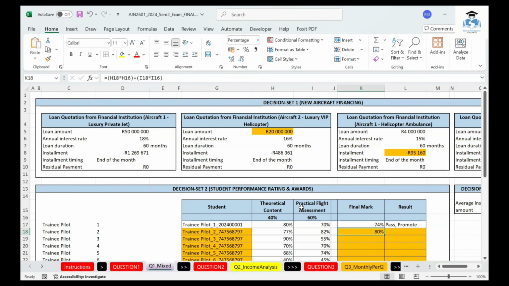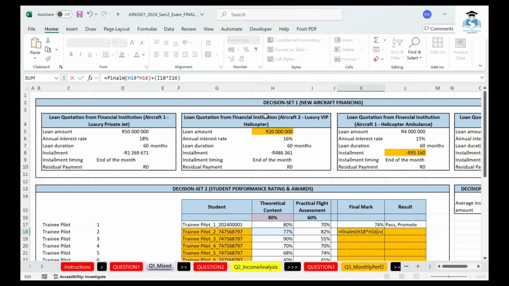We are simply multiplying 77 times 40% plus 82 times 60% to get the final mark. That's what we are calculating. So here I think you thought maybe we were going to say equals final mark.